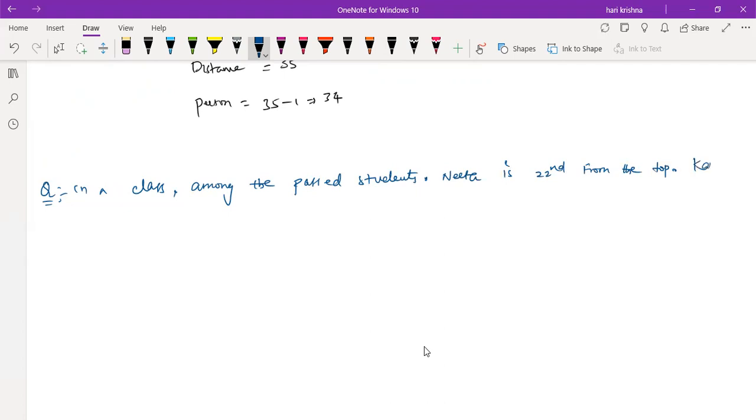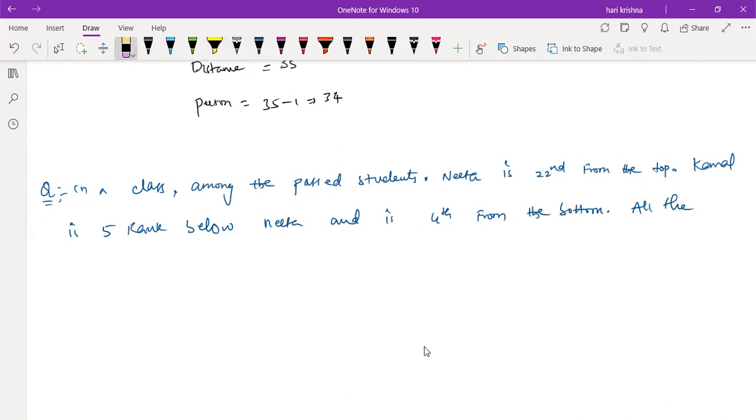Kamal is 5 ranks below Nita and is 34th from the bottom.